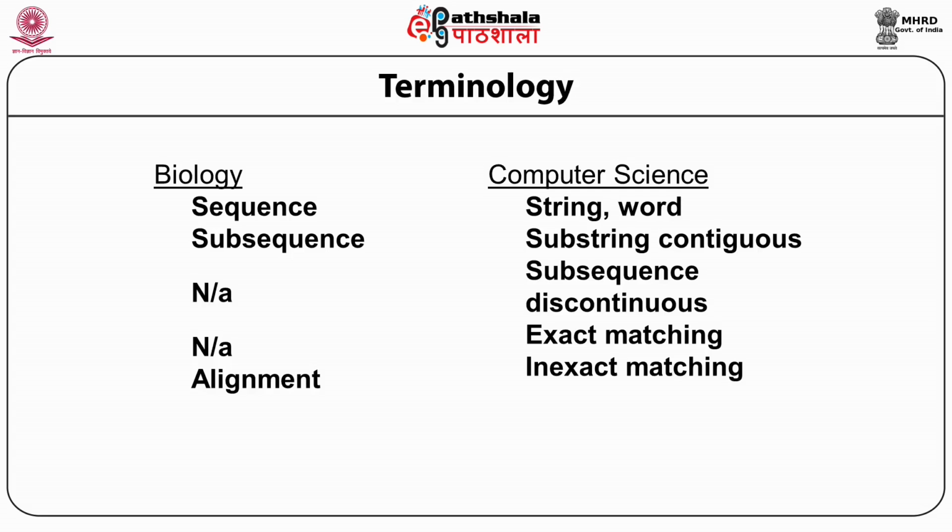The reason this is important is that when you read the literature of sequence comparisons, the book or the paper might be written by a biologist using biological terms, or by a computer scientist using computer science terms. One has to be careful of what one understands from the words that are written.